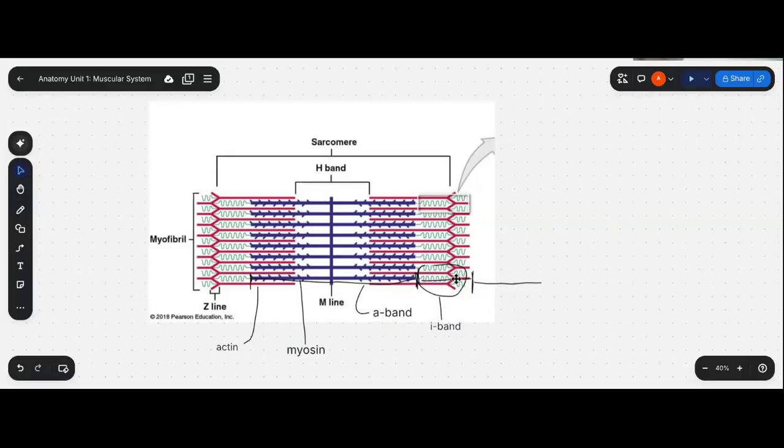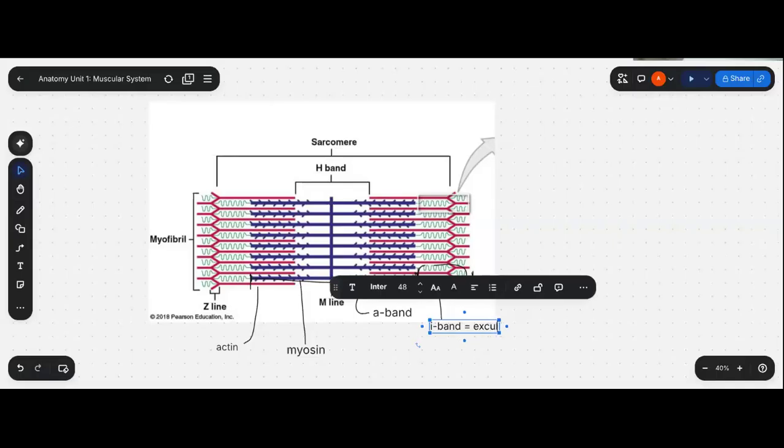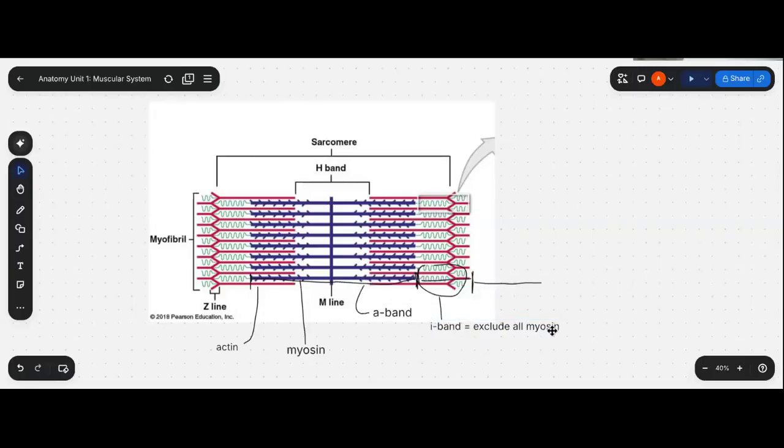But hypothetically, if they did show another region of myosin over here, then where the next myosin would start, that would be the end of the I band, because I bands, again, exclude all myosin. So that is really important to know.